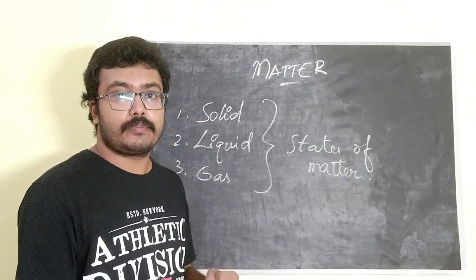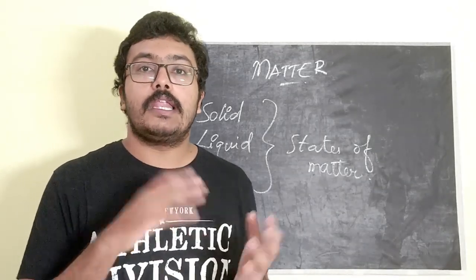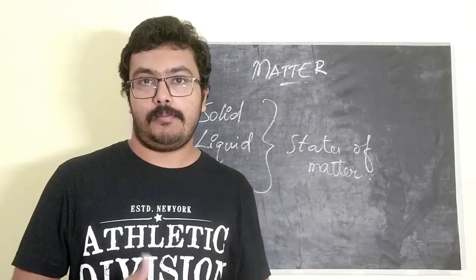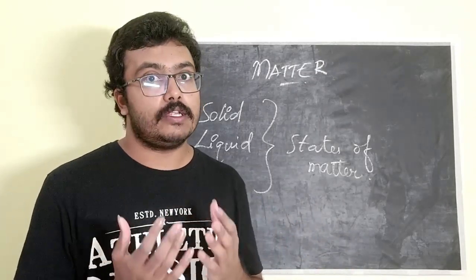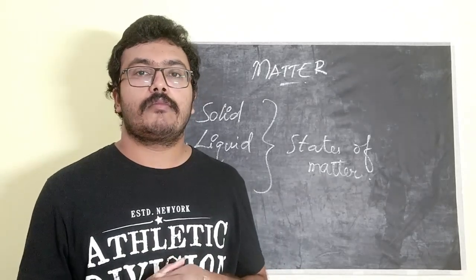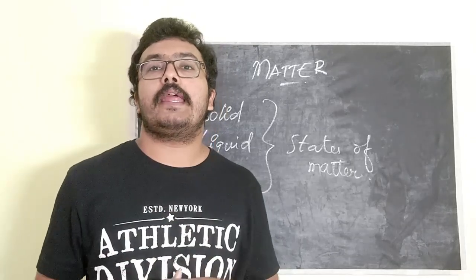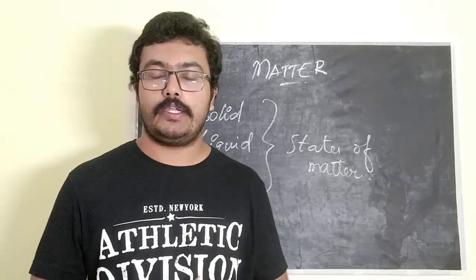What does that mean? When you compare with solid, liquids don't have their own shape, whereas solids do have their own shape. Of course, we can change the shape of a solid by providing an external force onto it.